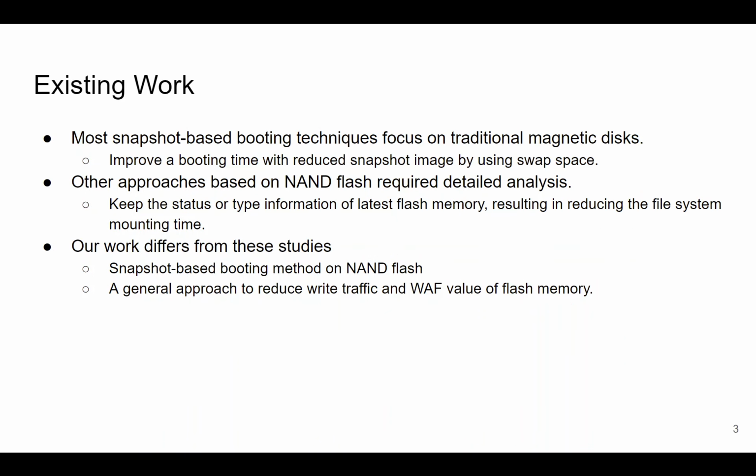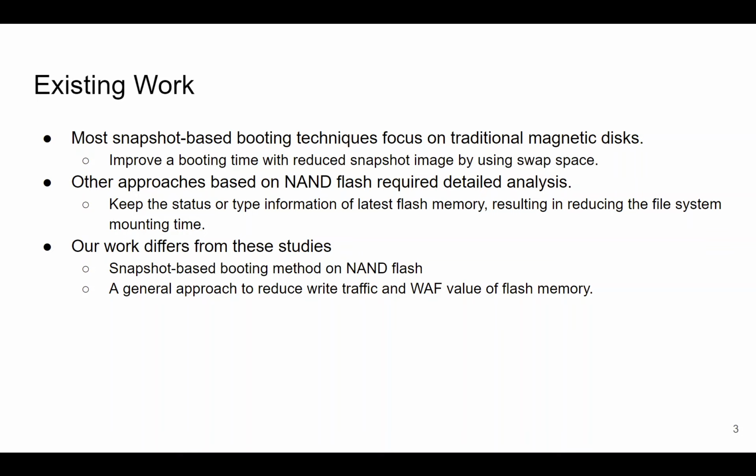Most snapshot booting techniques focus on traditional magnetic disks. A study improved snapshot booting by reducing snapshot image size. However, it used Linux kernel swap space that works for traditional magnetic disks. Other approaches based on NAND flash require detailed analysis to reduce booting time.